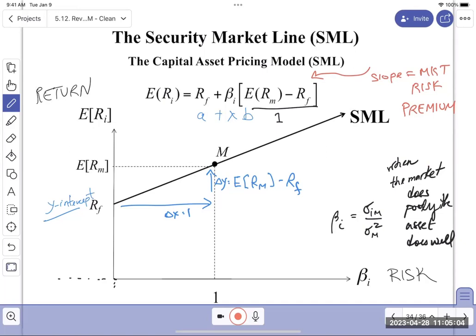What about gold? Historically, when the market does poorly, gold does even better because people move to invest in precious metals. So precious metals would be here: gold, silver, platinum.